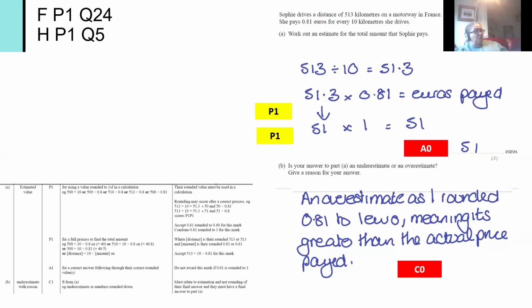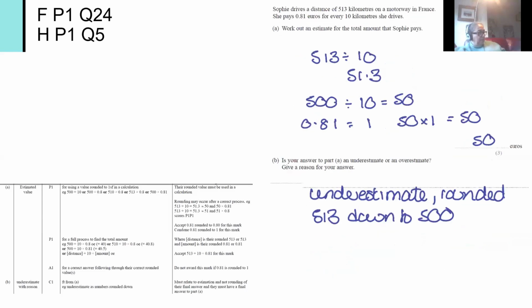So we would have expected them to say, oh, I don't know, because one number's rounded up, one number's rounded down. However, from experience, I'm not saying it would never happen. Some students may, or we should question, surely it would be a definitive over or underestimate, because that's what the question's asking. Is it an overestimate or an underestimate? And if you've done that, you should have questioned the fact they've rounded one up and rounded one down.